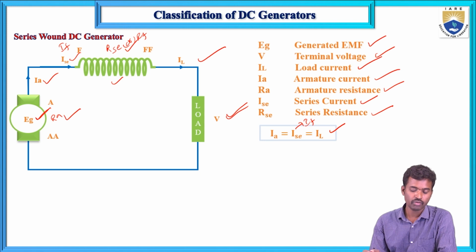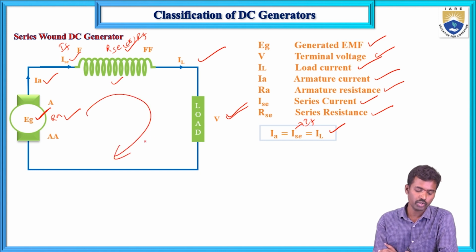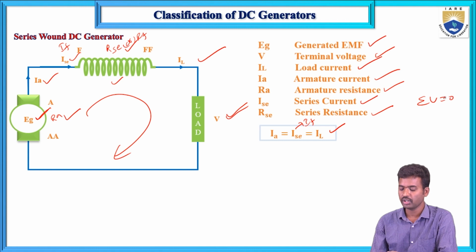Now what about the induced EMF formula? If you apply KVL in this loop, the algebraic sum of total voltages in a loop equals 0. So minus EG plus IaRa plus I series R series plus V equals 0.